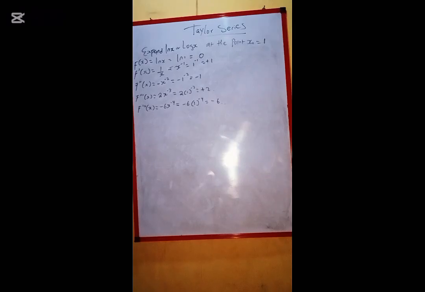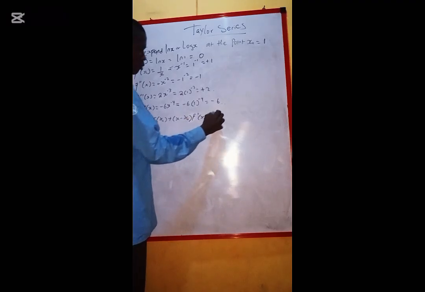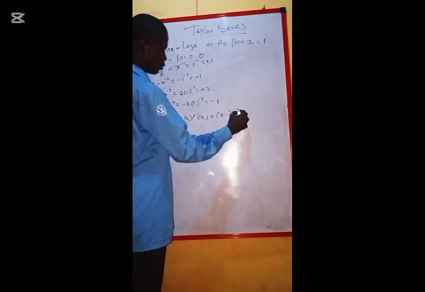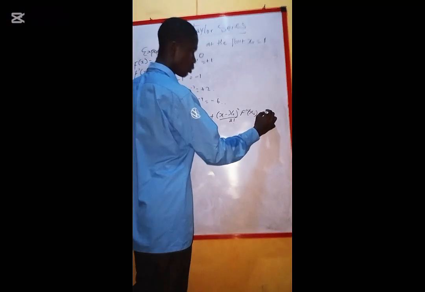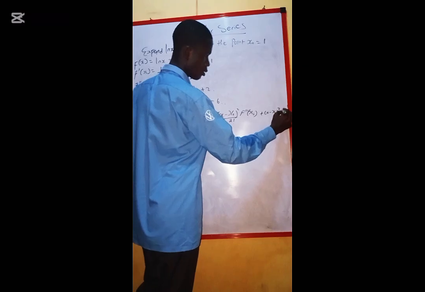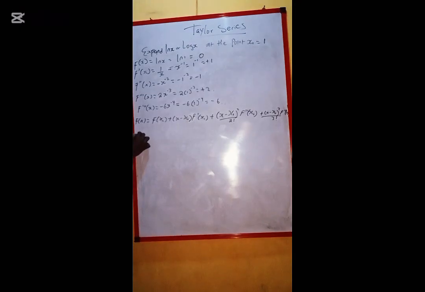So these are all the derivatives for this question. So let's expand using Taylor's series. Taylor's series equals f of x equals to what? f of x not plus f prime of x not times (x minus x not), plus (x minus x not) squared over 2 factorial, plus (x minus x not) cubed over 3 factorial, plus (x minus x not) to the 4 over 4 factorial times f fourth derivative of x not.